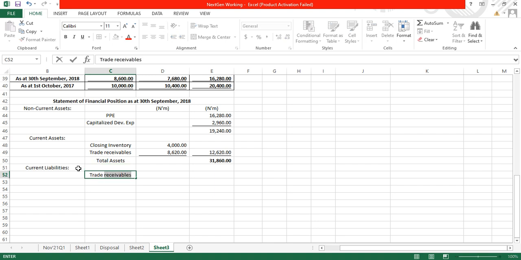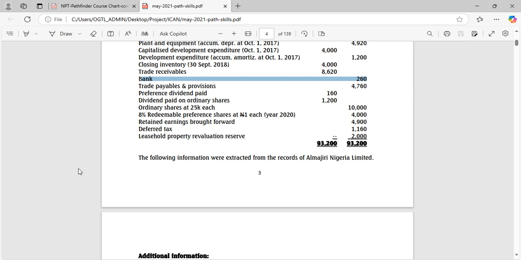Trade payables. How much is our trade payable? We have 4,760. Right? Yes. Okay.